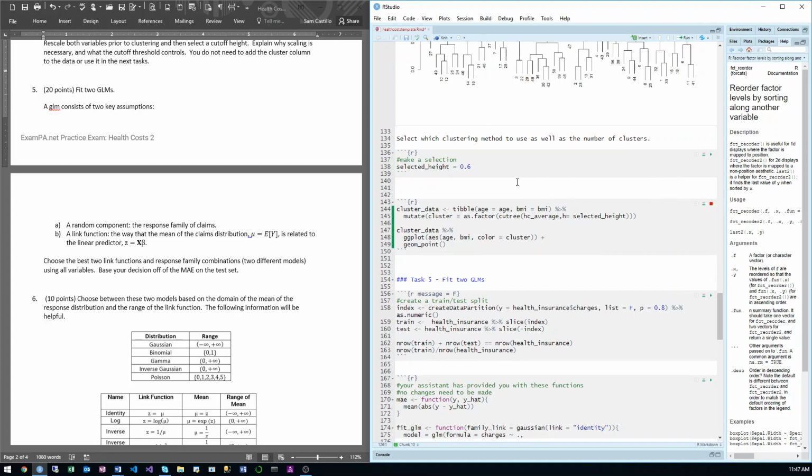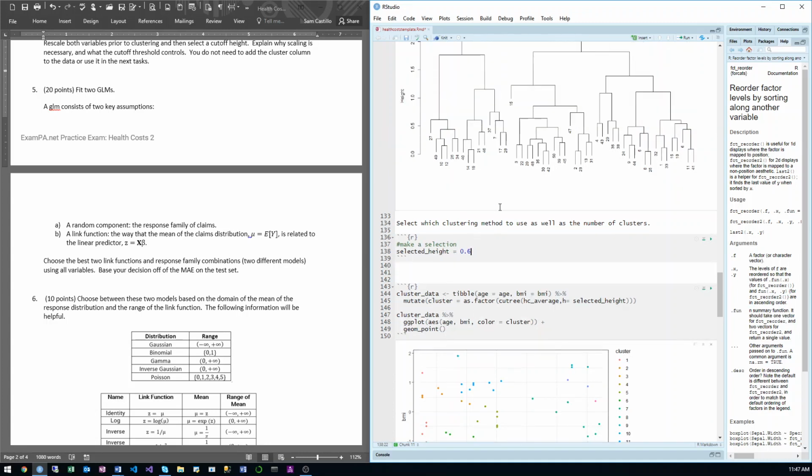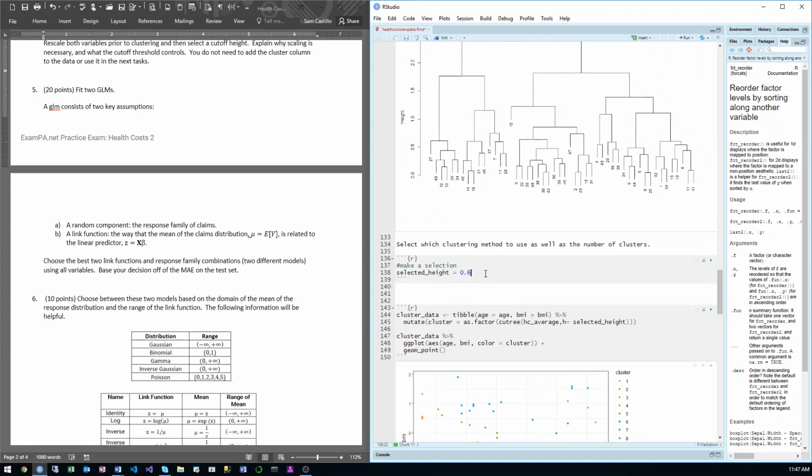So first I can run this code here, which will create a graph that shows the clusters by the points in the graph. So I should select a height here. So let's just say I want to set this cutoff at 1.